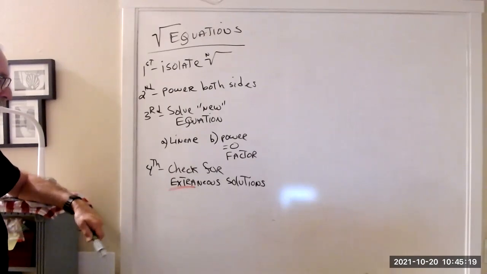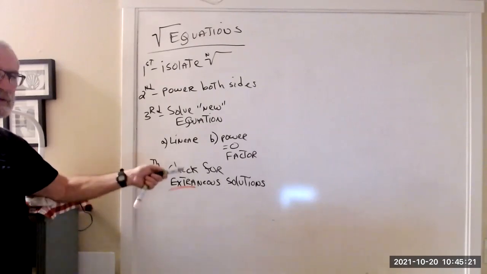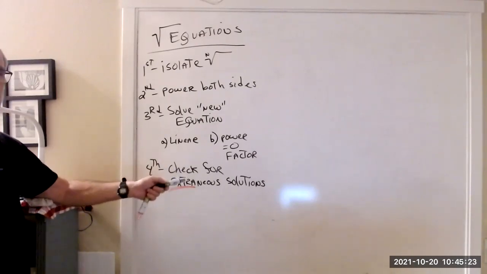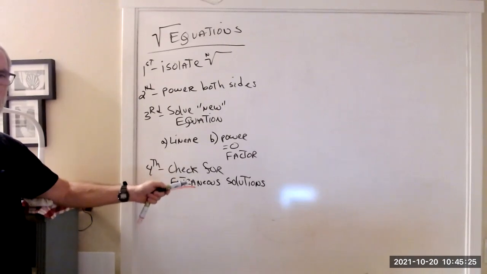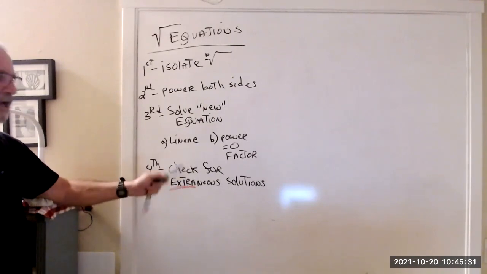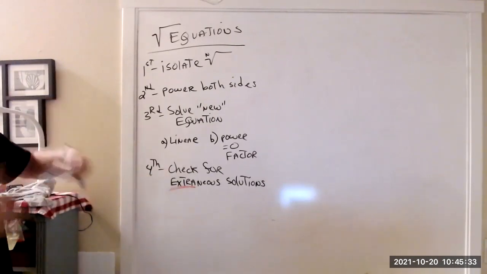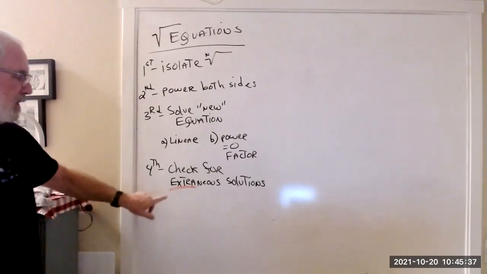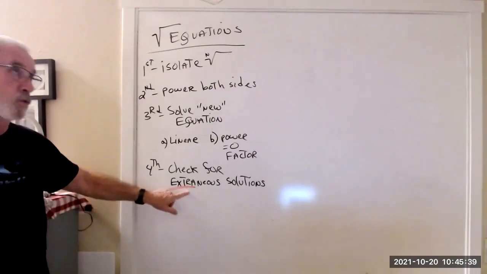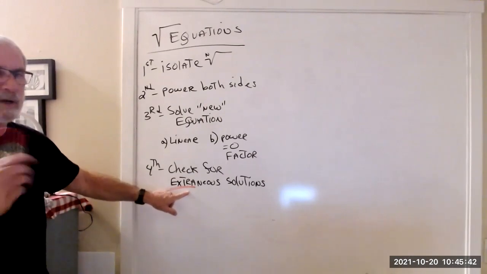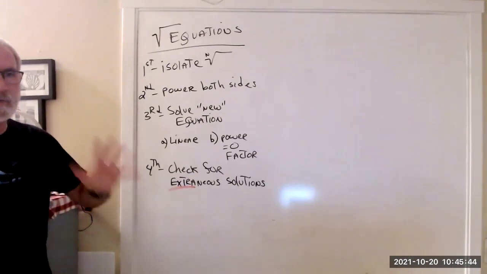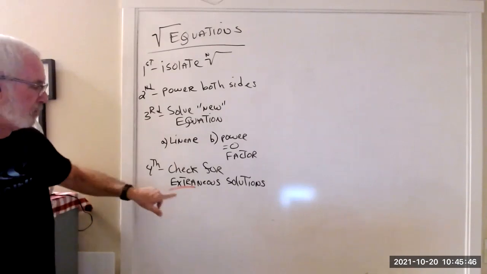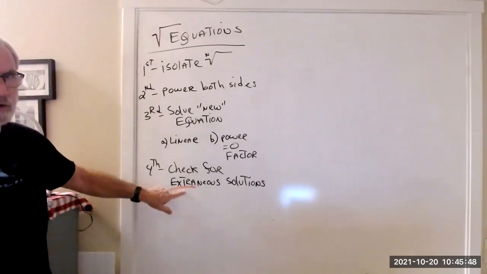And more than any other time, probably about 50% of the time, one of your answers will get rejected. I'm not sure which one. It's hard to predict, but in this particular process, it introduces lots of wrong answers. There's no other way to get around it. I mean, you can't avoid it. So you just work the process and then check your answers.